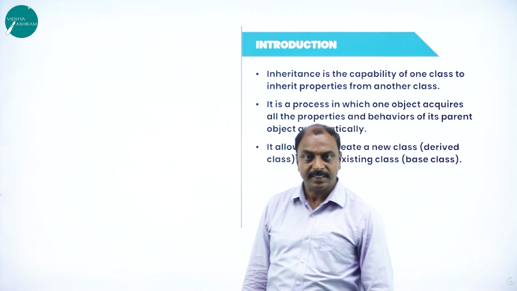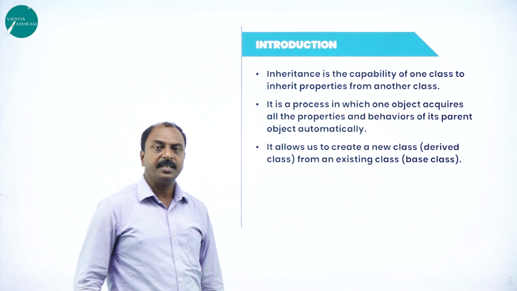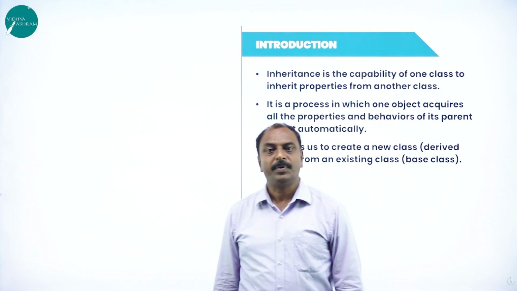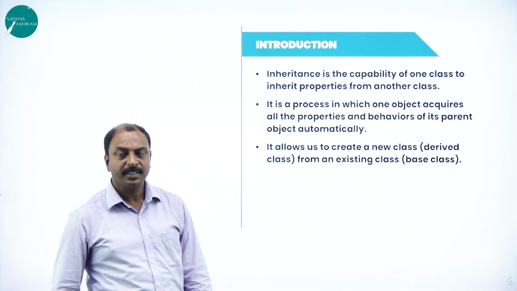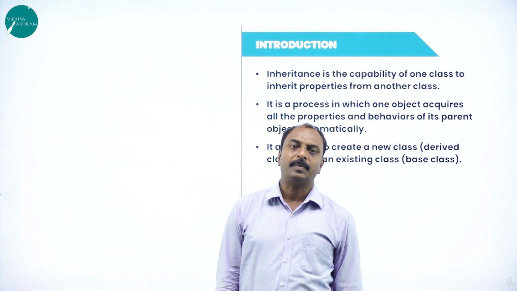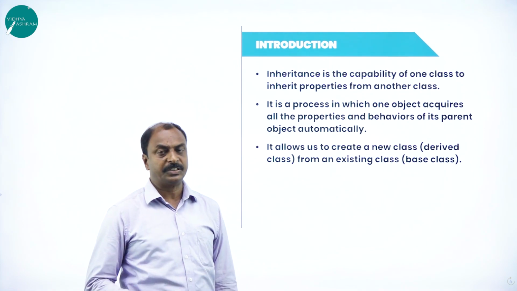Now what is inheritance? Generally we are familiar with the word inheritance, and that is with respect to biological inheritance. If I say a biological inheritance, that means, suppose if I say a boy or a girl, he resembles maybe a father or mother or maybe a brother or sister.